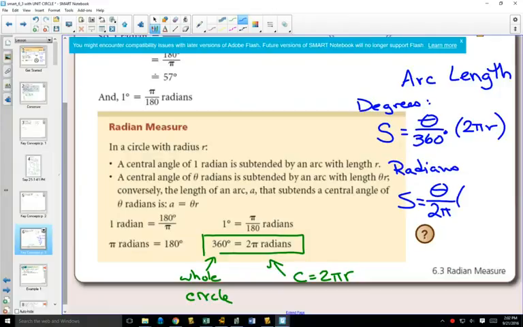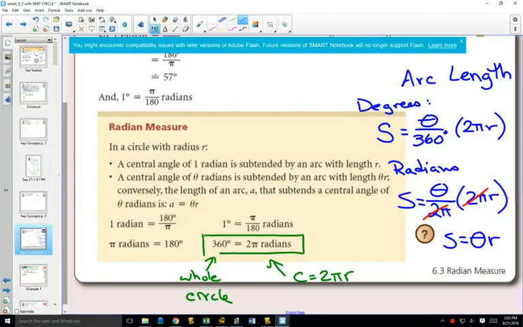And you would still multiply that by your circumference. Now, this formula is just too tempting not to simplify. Can you see something that's going to simplify really nice? The 2 pi's are going to cancel right out. And the arc length formula in radians is just whatever your angle is times your radius.